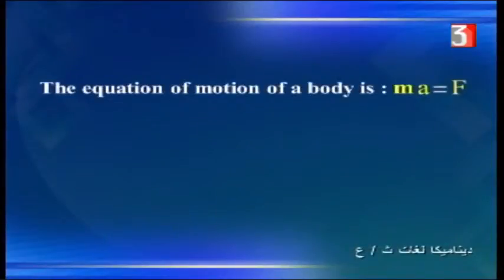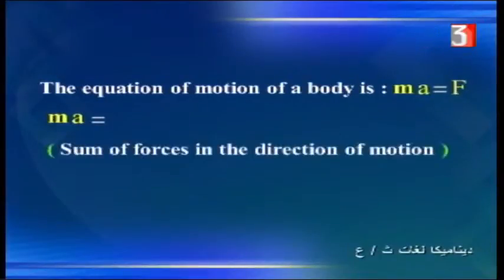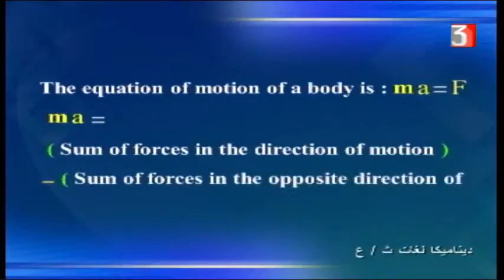The equation of motion of a body is MA equals F. What is the meaning of F? F means the sum of forces in the direction of motion minus the sum of forces in the opposite direction of motion.